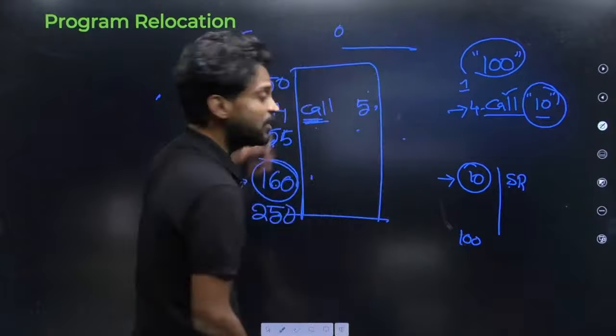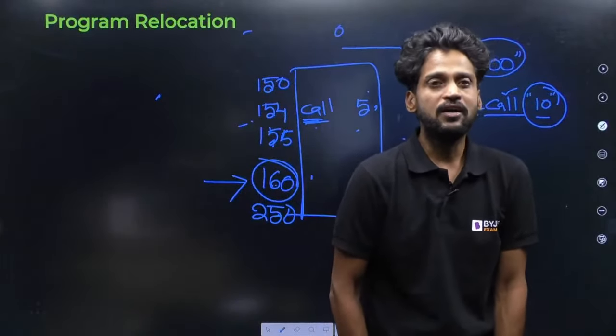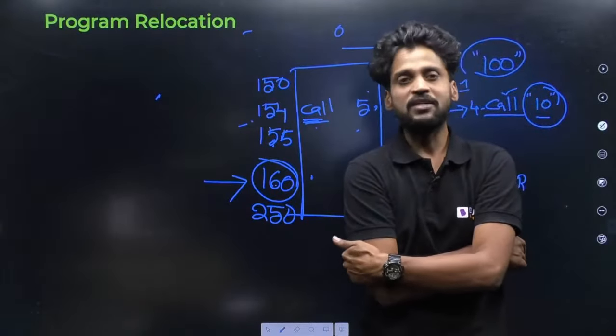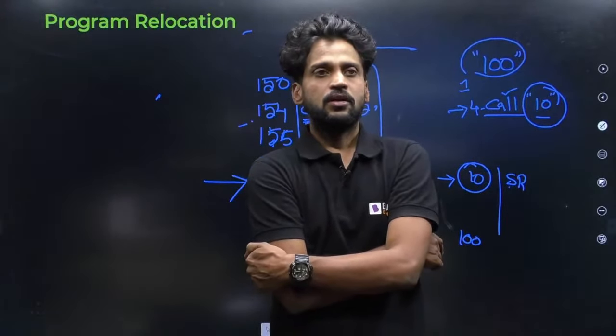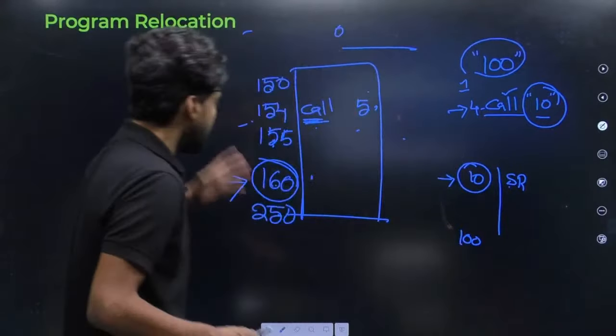Did you understand relative addressing mode? Why are relative addressing mode and base register addressing mode the best addressing modes? Did I make myself clear? Any doubts so far? You want me to explain any of these things?